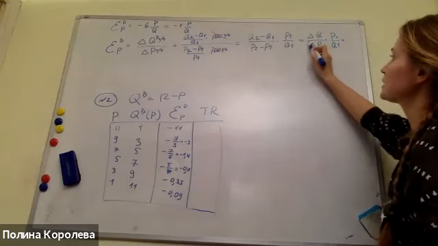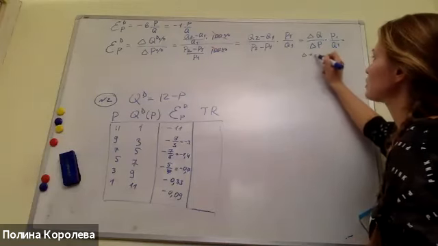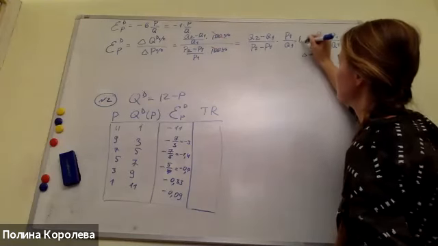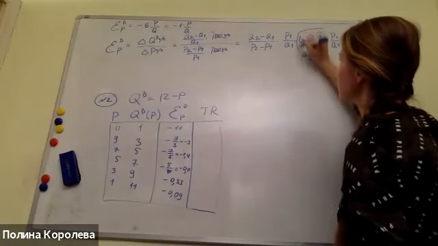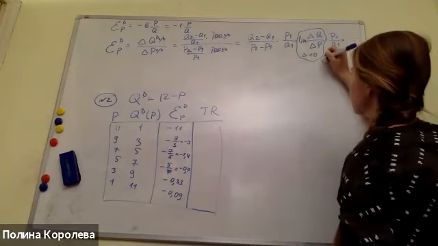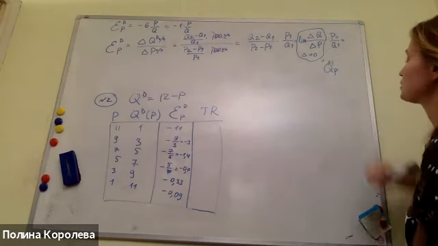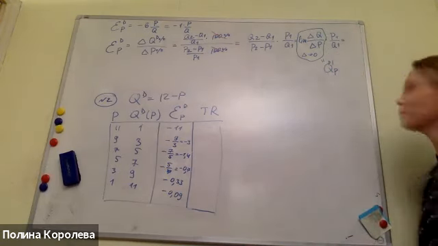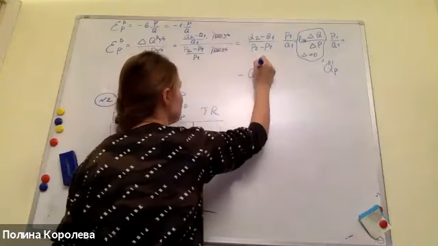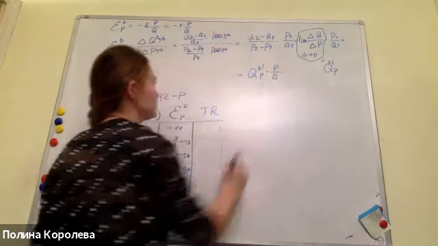And if these changes are very, very small, almost zero, we can take the limit. And this is the definition of the derivative of demand by price. So this will be the derivative of quantity with respect to price, multiplied by price over quantity.